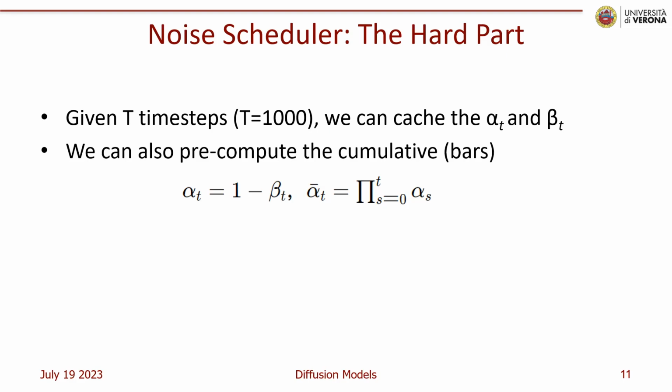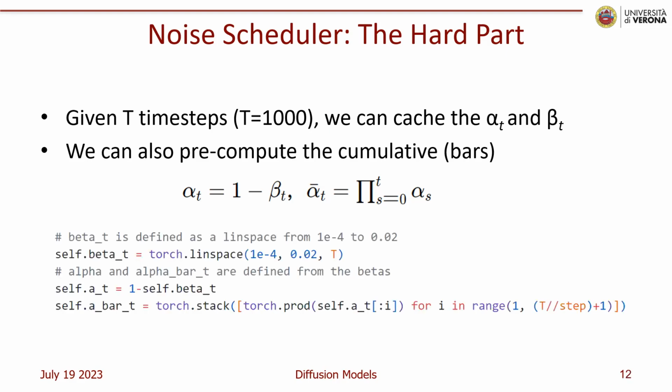And how do we make this calculation? It's actually pretty simple. You just follow the formulation. You first define a linear beta. You can see it's a linear array of values that goes from 1 times 10 to the minus 4 to 0.02 linearly, which means that each step adds the same amount of variance, right? For t steps, where t are the total steps, let's say 1,000. And then you just follow this formulation.